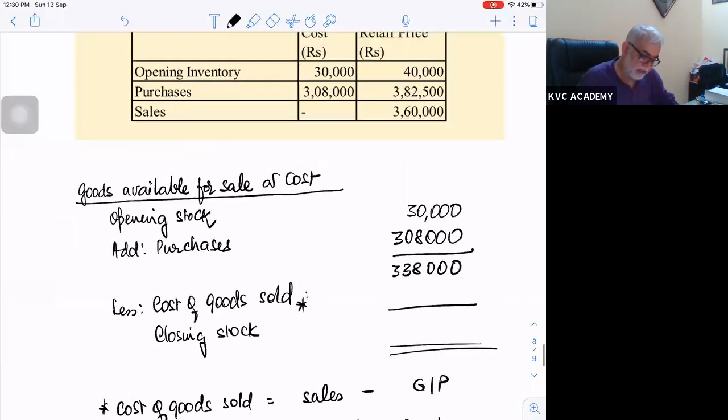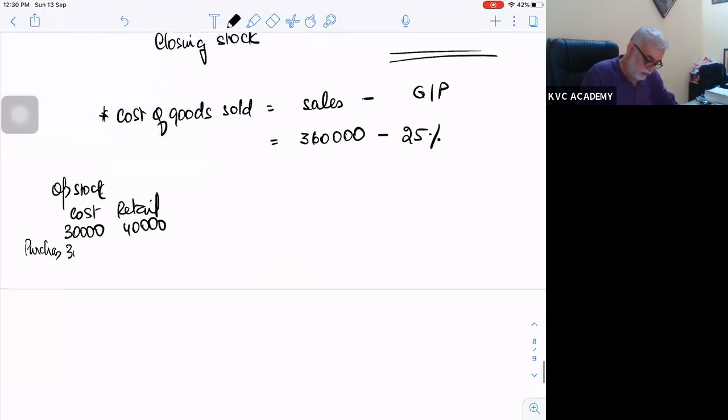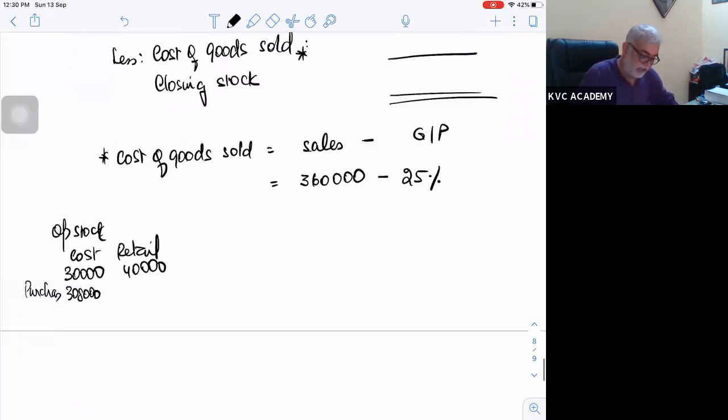Purchases is given as how much? 308. It is sold at 382,500. So what is the GP here? 10,000. What is the GP here? 382,500 minus 308 is 74, no?